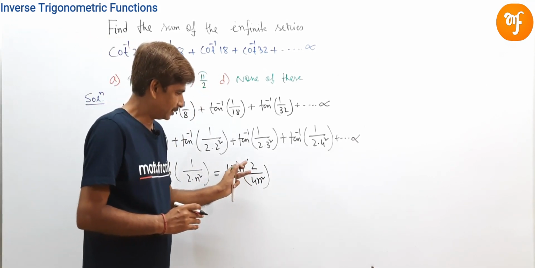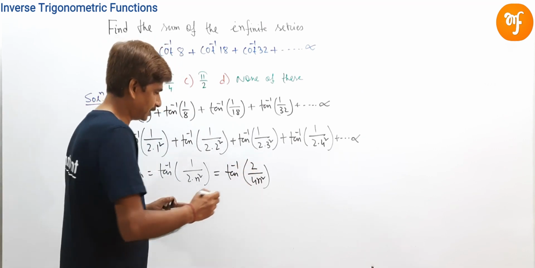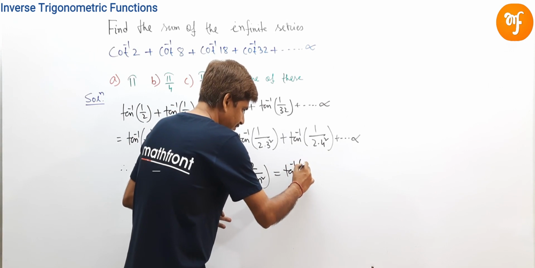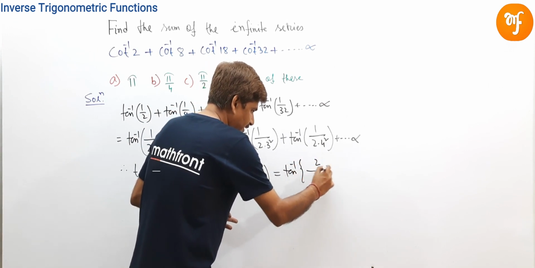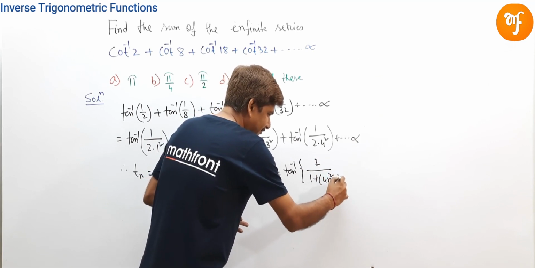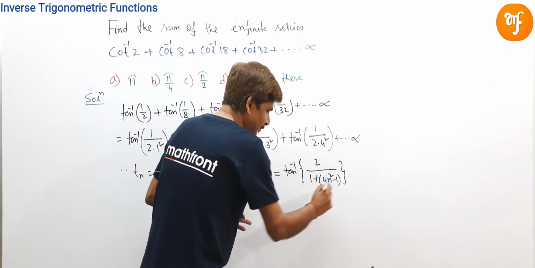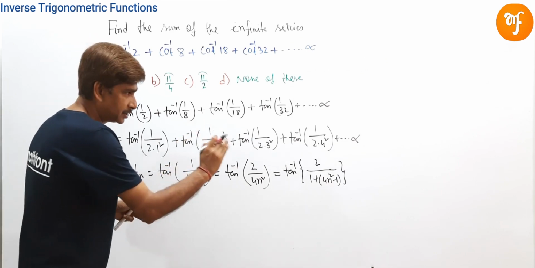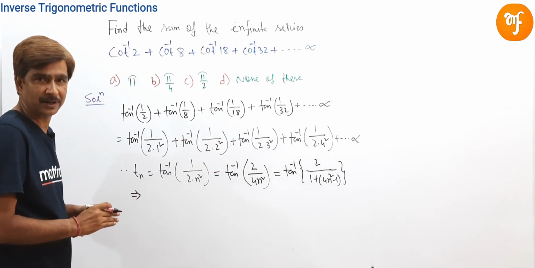Now, tan inverse of 2 divided by 4n square can be written as tan inverse of 2 divided by 1 plus 4n square minus 1.